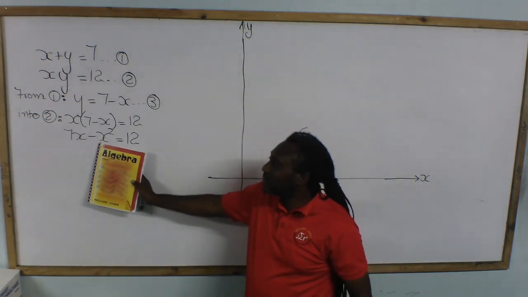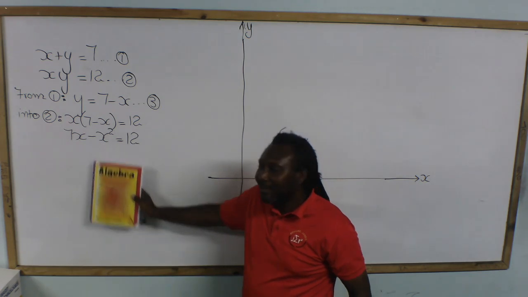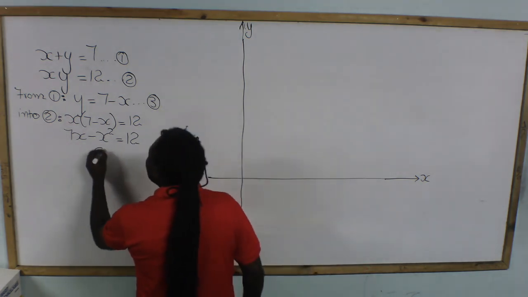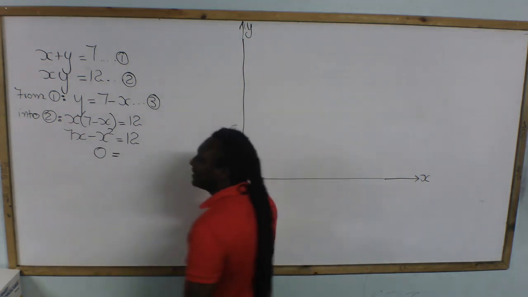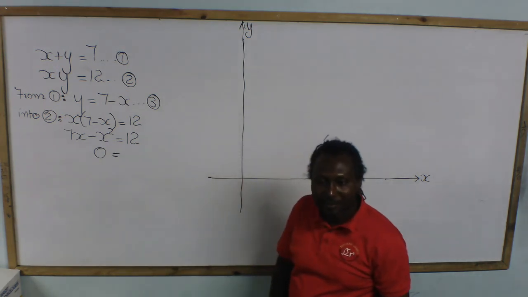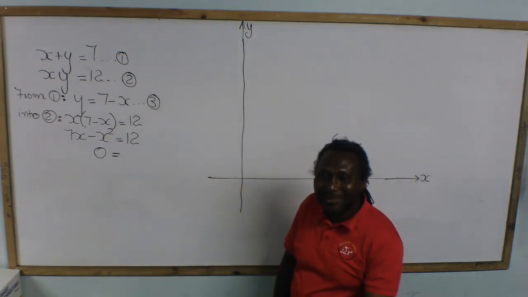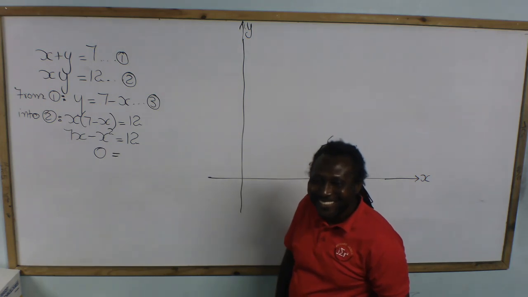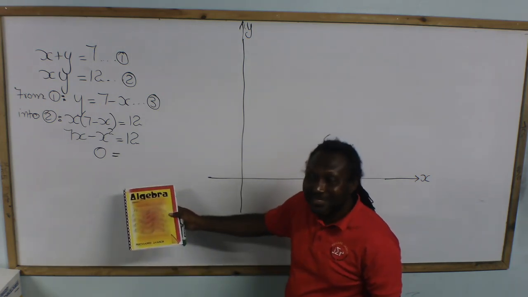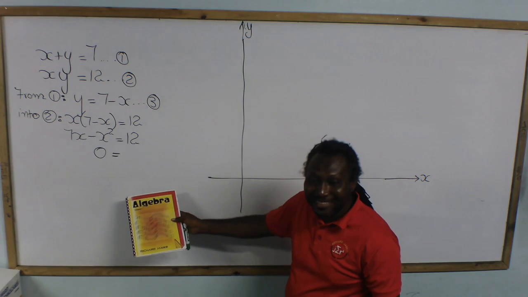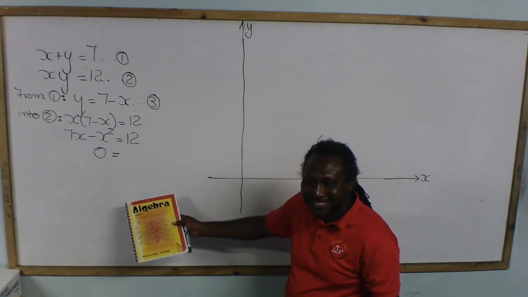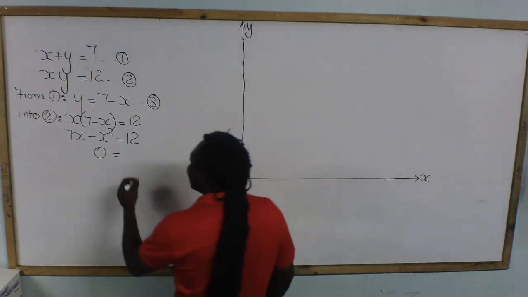And not wanting to write the x squared term negative, I will accumulate all of those terms on the right hand side. Alright, let's do it.